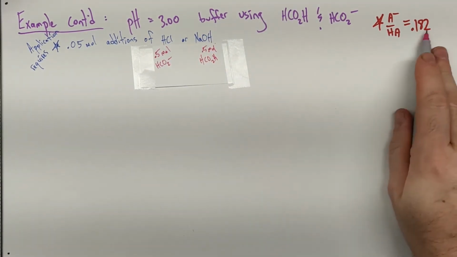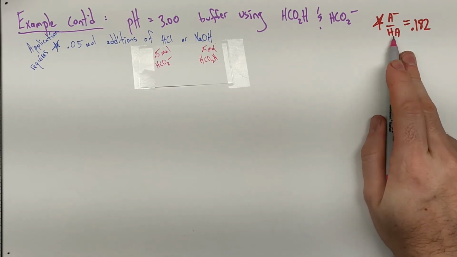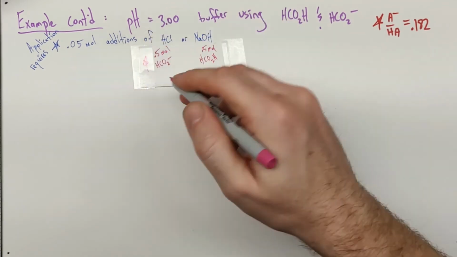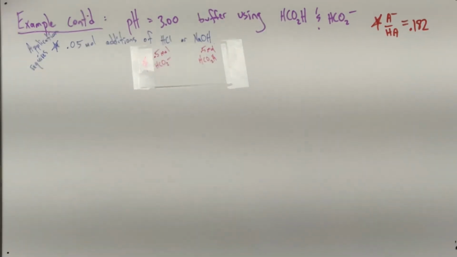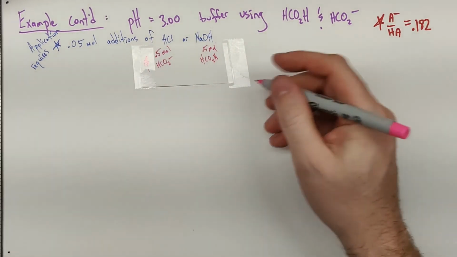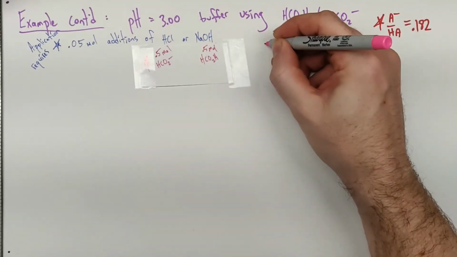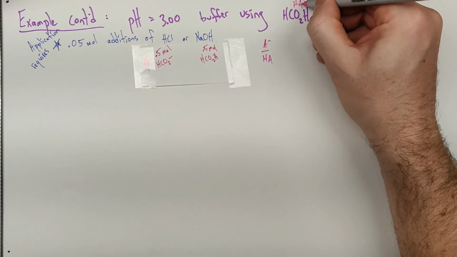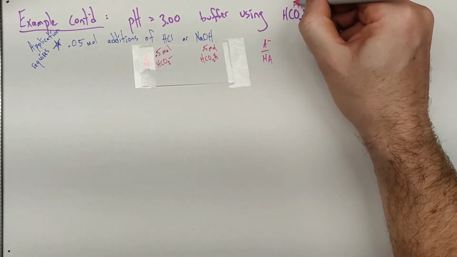Now, since we proportionally need a lot more of the HA, I'm going to work on this 0.5 right here. And you'd see, if we did some quick math, I'm going to base this on that 0.5 right there. Using that same math from moments ago, we know that A minus over HA, and again, just to save us some writing, that's our HA, and that's our A minus.